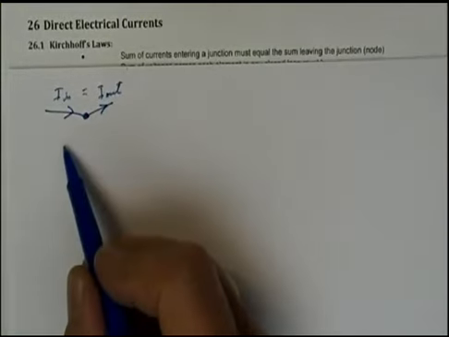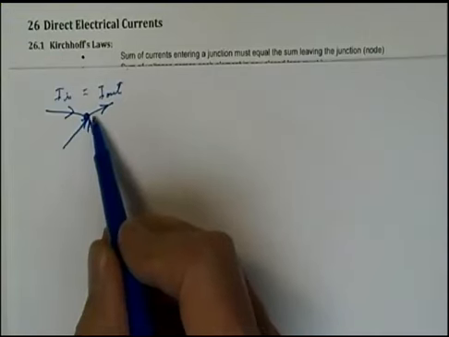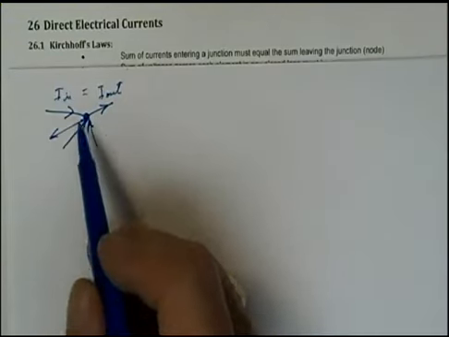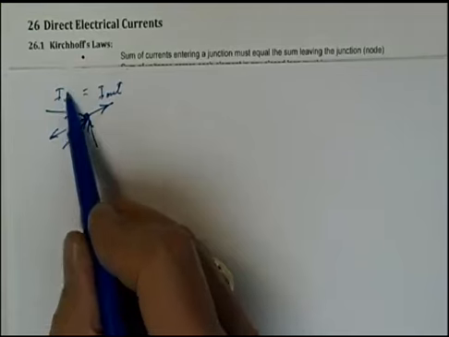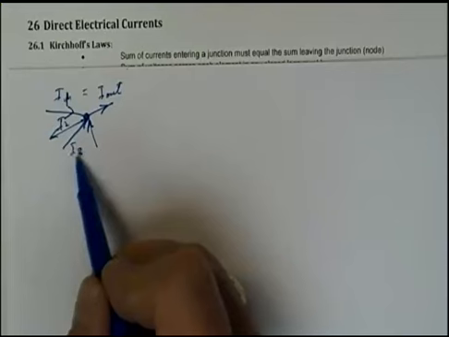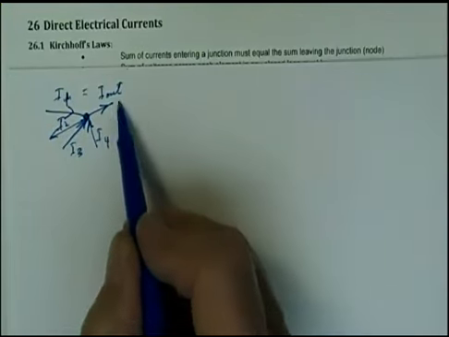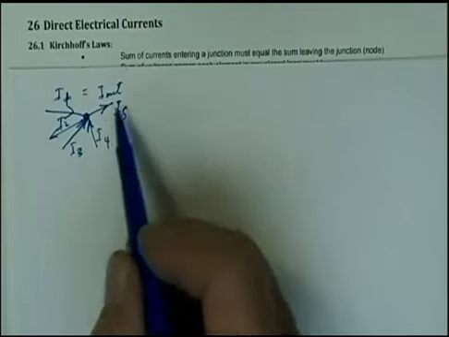And we would get the same problem if we had 3 coming in and 2 going out, so that this was, say, I1, this was I2, this was I3, this was I4, and this was I5.